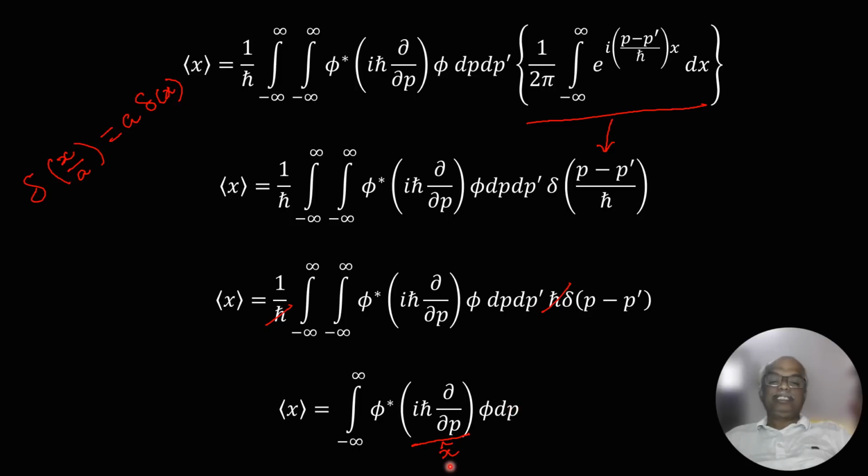So here we have proved that the position operator in terms of the momentum basis is equal to i h cross delta over delta p, which is our aim. We have proved that i h cross delta over delta p is the position operator in momentum basis.